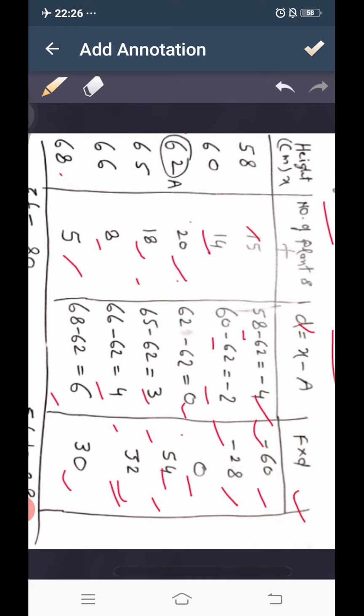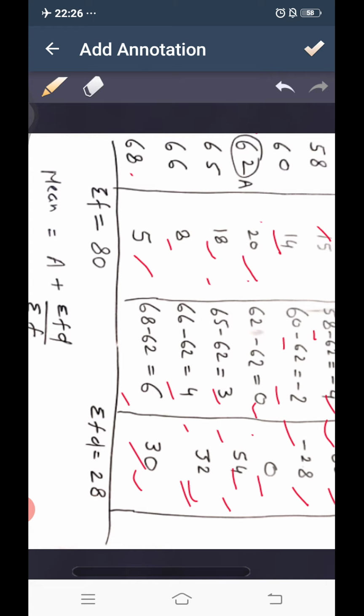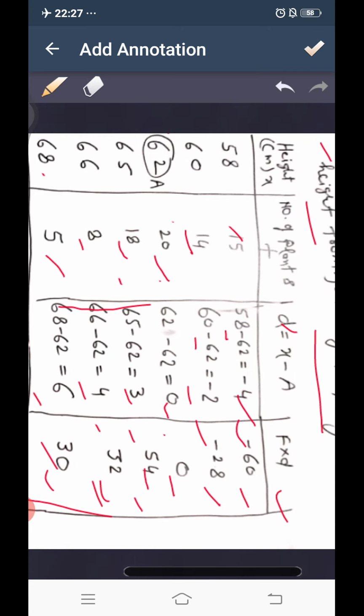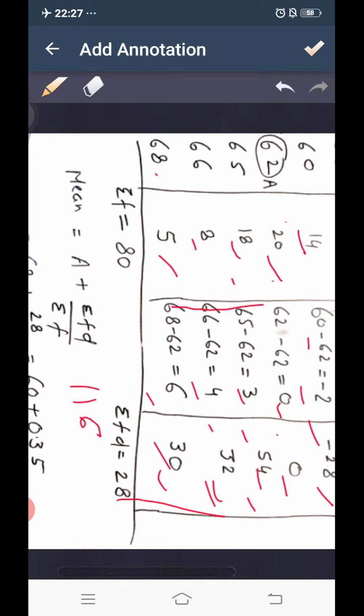These three positives we add, so we get plus 116. So we get total sigma fD, that is plus 116 minus 88, which is plus 28.